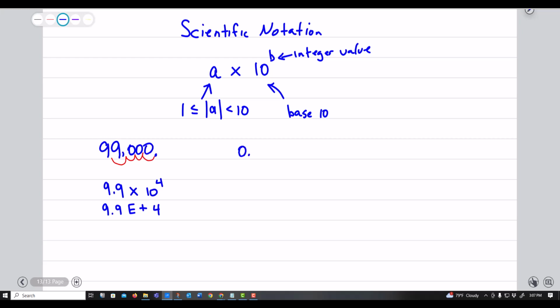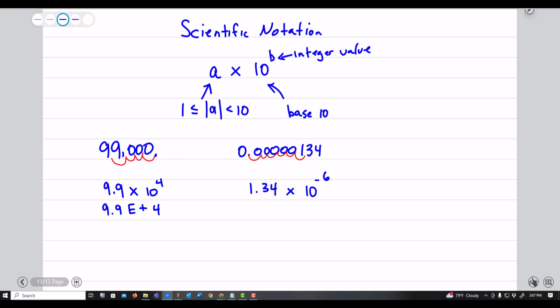If I have something really small, like 0.00000134, I'm going to move my decimal to the right, 1, 2, 3, 4, 5, 6 places, because that gives me a value between 1 and 10, and then times 10 to the negative 6.